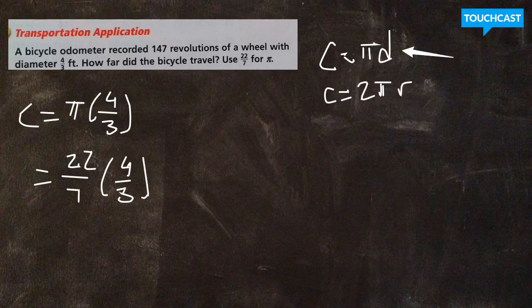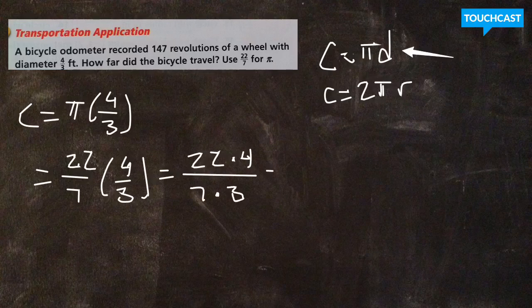And what we know about fractions is we can multiply the numerators, 22 times 4, and then we can multiply the denominators, 7 times 3. 22 times 4 is 88. 7 times 3 is 21. So we know that the circumference is 88/21. That's how far we would get if the wheel went around one time.